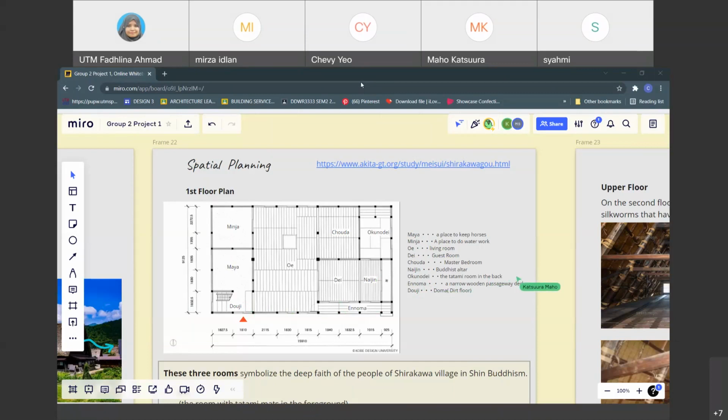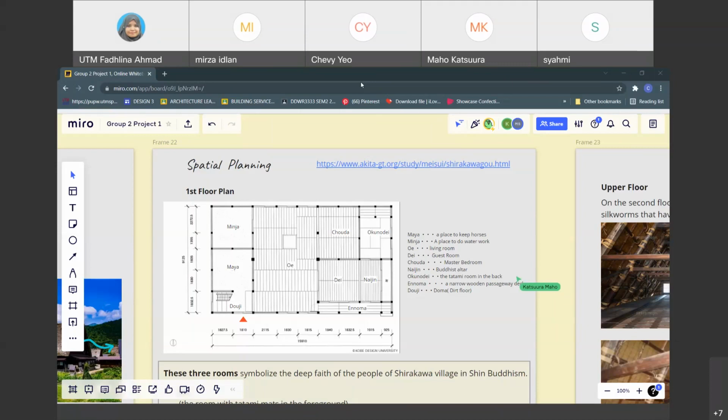I'm not sure about the Japanese, but Japanese people are very clean, and perhaps the most important thing in your life is cleanliness, right? Yes, Japanese are very strict on cleanliness. That's why they have this dirt floor, so the dirt that is coming from outside cannot enter the whole house, for instance.